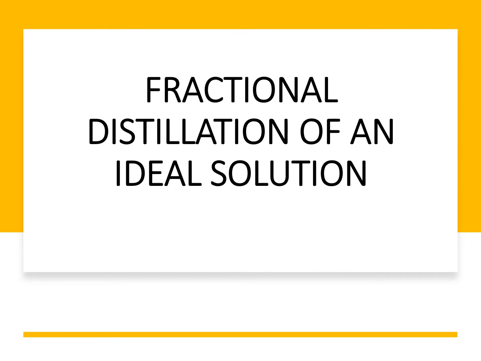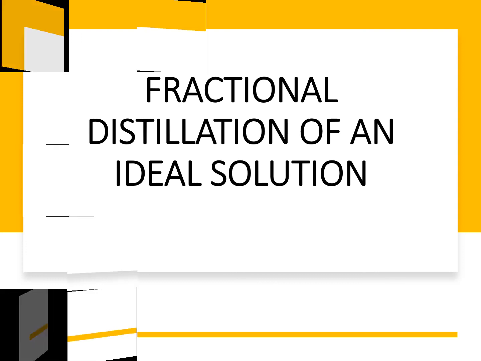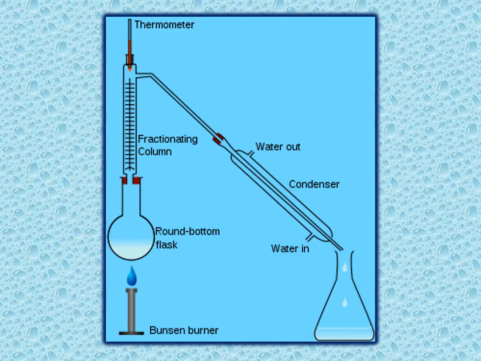Next we look at fractional distillation of an ideal solution. This diagram shows the apparatus for the fractional distillation of liquid mixtures. The liquid mixtures will undergo repeating vaporization and condensation through the fractionating column.